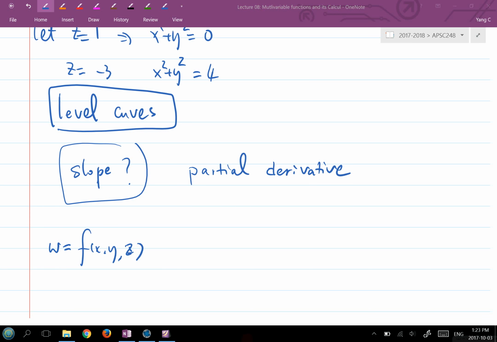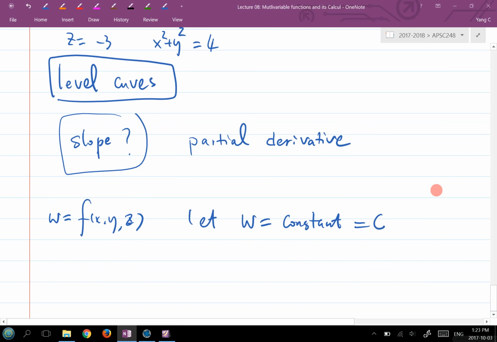What we do is we let w equal a constant c. For example, we let w equal 1, we let w equal 2, like this. Originally you have a function of three variables, x, y, z, and now we are making w a constant, different constants.